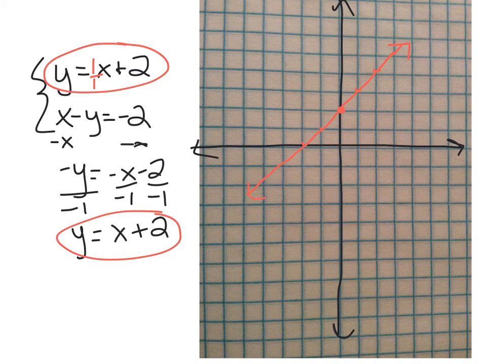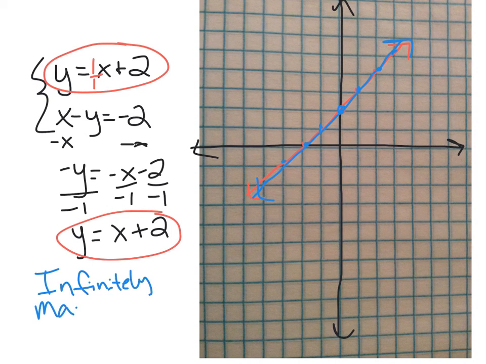Now if you look at the other line, it also says y equals x plus 2. So if I do the exact same thing again, you can see I'm going to end up with all of the exact same points. So how many points do these two lines have in common? Well, they're the exact same line, so they have every single point in common. So what we say on a problem like this is that there are infinitely many solutions.